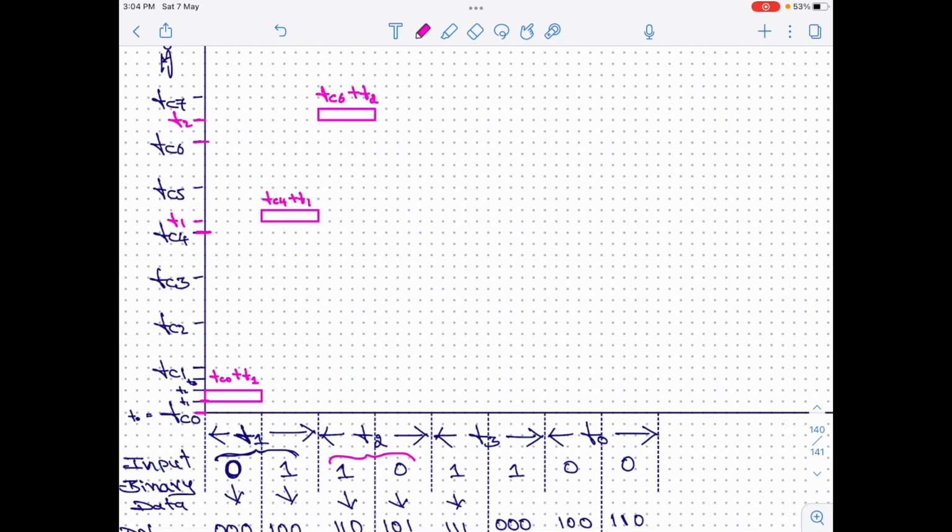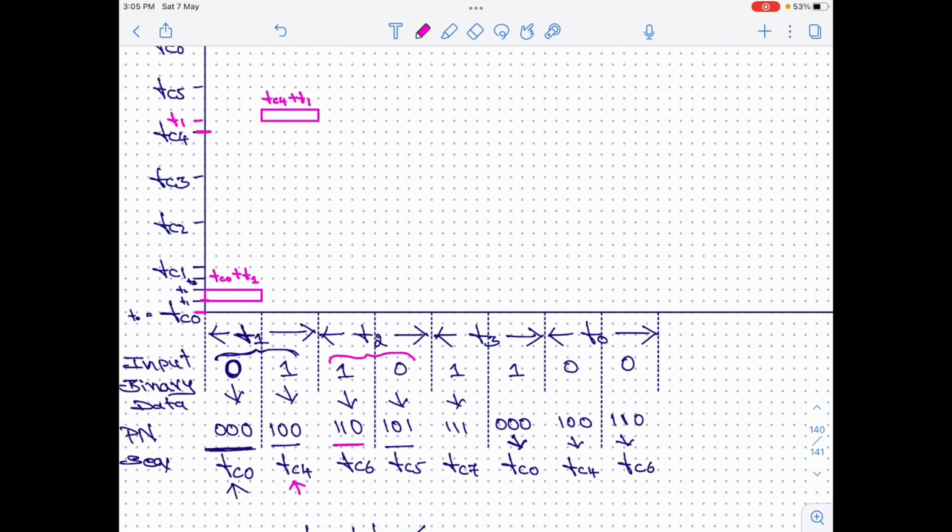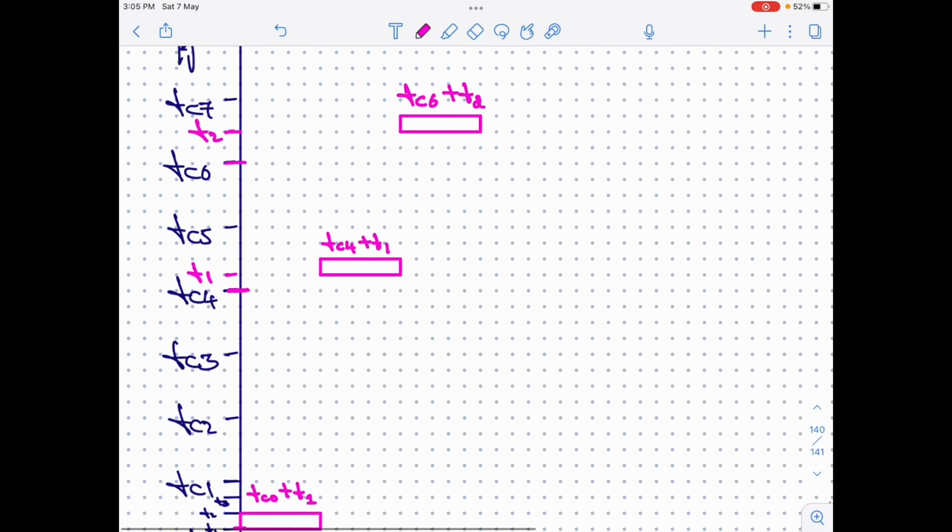Moving on to the next bit, it is 0, but anyhow this is for the MFSK tone 10. So, F2 is retained, but the PN sequence has now changed to FC5. So, the transmitted carrier frequency for this bit duration is FC5 plus F2. Note, FC5 is here, F2 is here. So, I will have to now draw a box across this particular point.